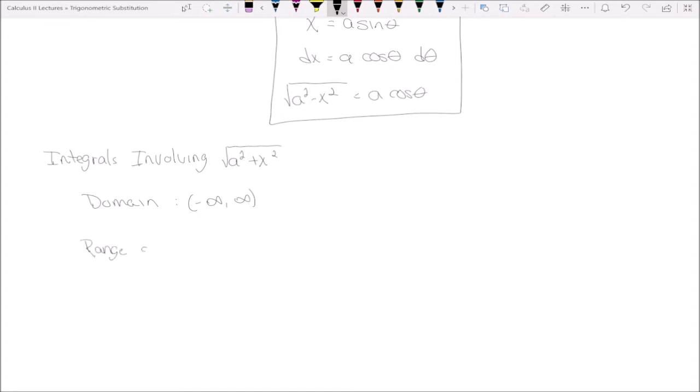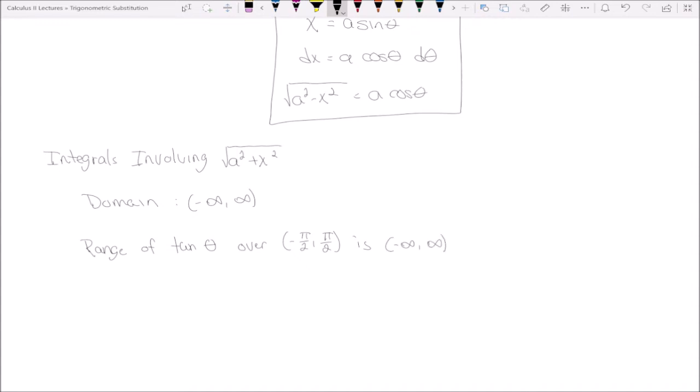Also notice the range of tangent of theta over negative pi over 2 to positive pi over 2 is also all real numbers.